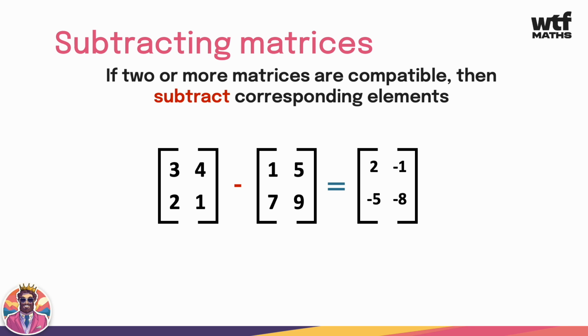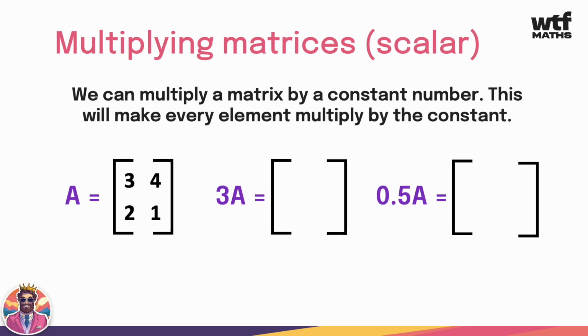Hopefully that makes sense. So we can multiply matrices by a constant number. We call this scalar multiplication. And all you do is multiply every element by the number in front. For example, on the left, we've got A equals 3, 4, 2, and 1. Those are our elements. If we write 3A, we're just going to times every single number there by 3.